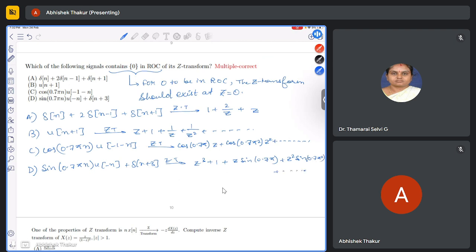So in options C and D, there is no singularity at z equal to 0. See here, if you put z equal to 0 in options A and B, this term will go to infinity. It won't exist. Here also at z equal to 0, it won't exist. So options C and D do not have any discontinuity, they exist for z equal to 0. So the correct answer is option C and option D.